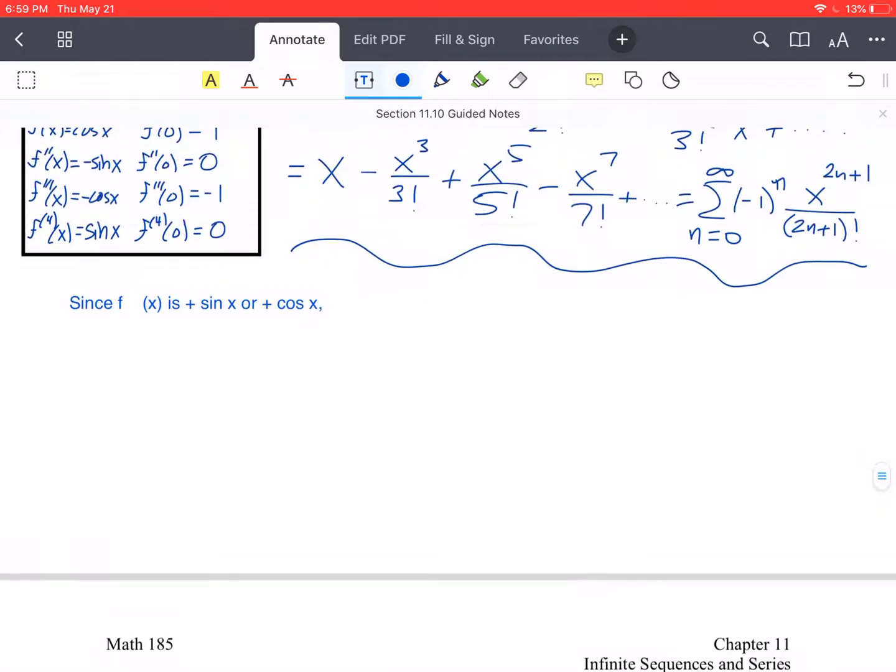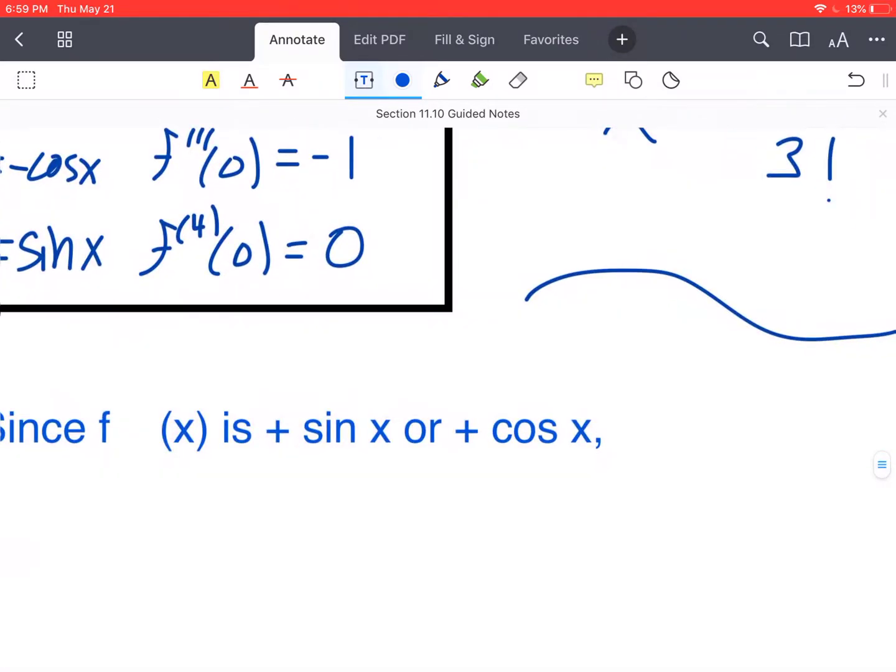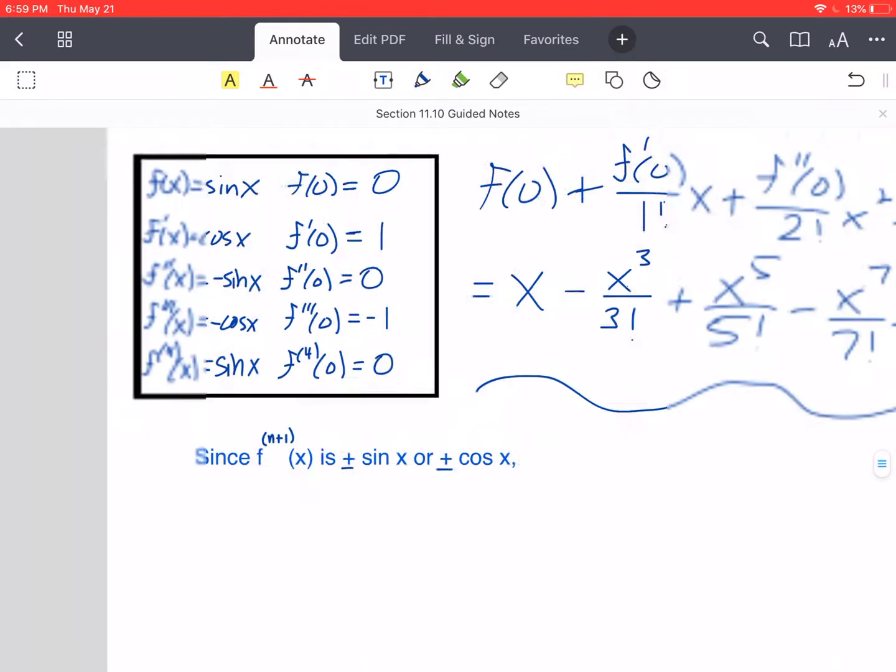Let me pause and fill this in here. So the n plus 1th derivative is plus or minus sine or plus or minus cosine.